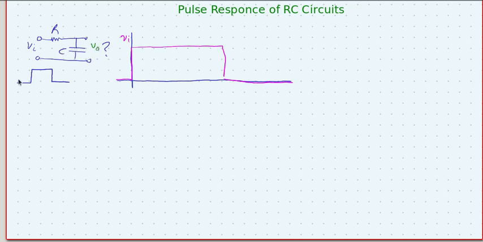Since long the input was zero, so because the input was zero, the capacitor has totally discharged. So the output when we begin was also zero.